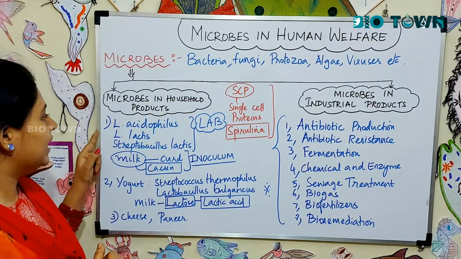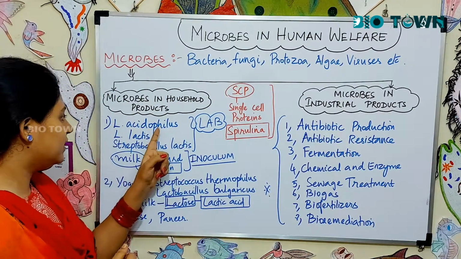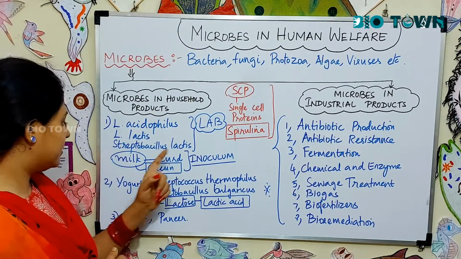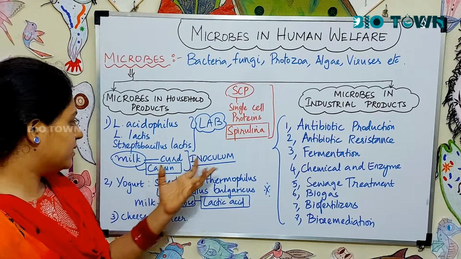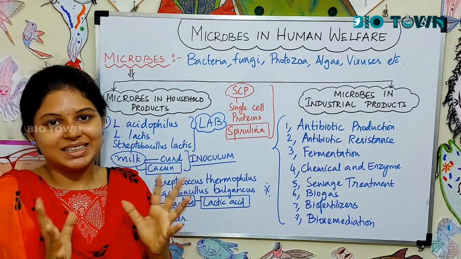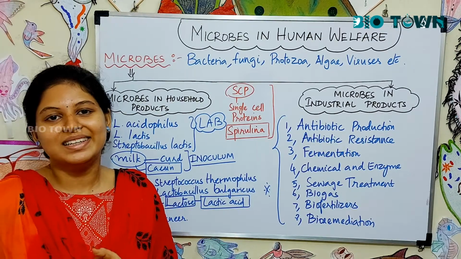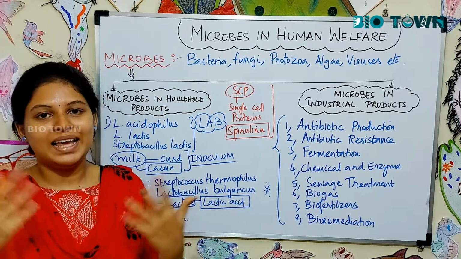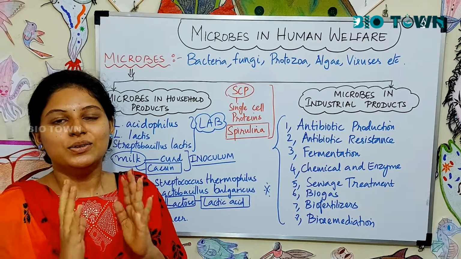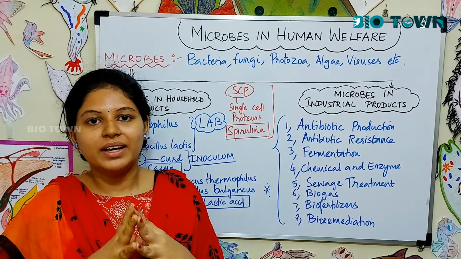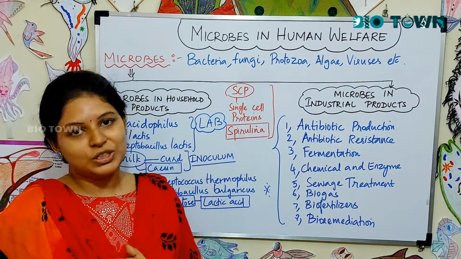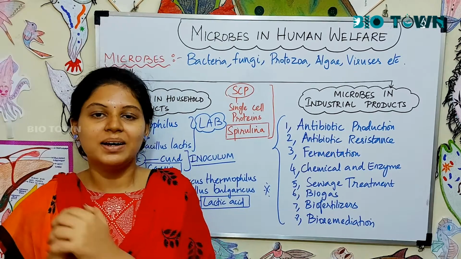The first ones are Lactobacillus acidophilus, Lactobacillus lactis, Streptobacillus lactis, Streptobacillus thermophilus, and Lactobacillus bulgaricus. You may feel like this is Greek and Latin. Yes, obviously these words are not of English origin, they are from Greek and Latin. This set of microorganisms is called LAB, which means lactic acid bacteria.